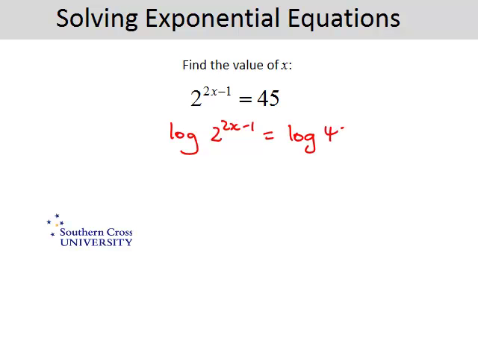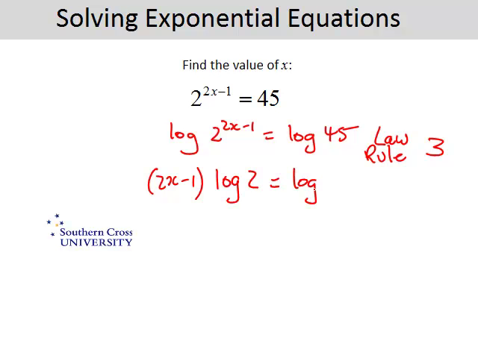And then we can use law 3 of the log rules to put that 2x minus 1 in front of the log 2, and that's equal to log 45. It was just a wise move to put 2x minus 1 in brackets there. It just saves a little bit of confusion. It's just a whole term.